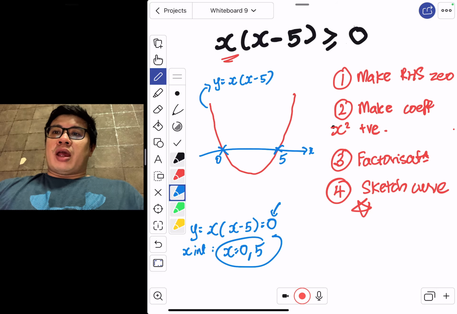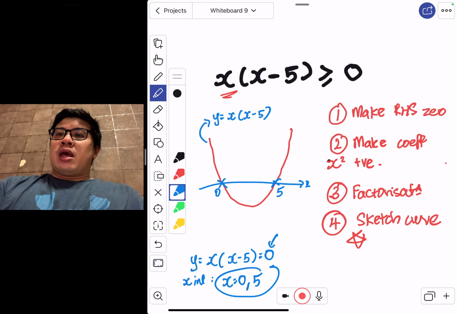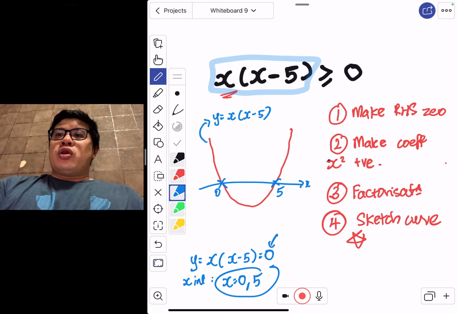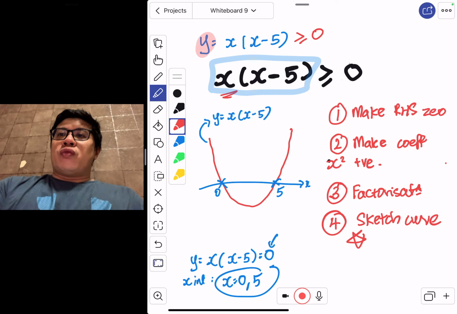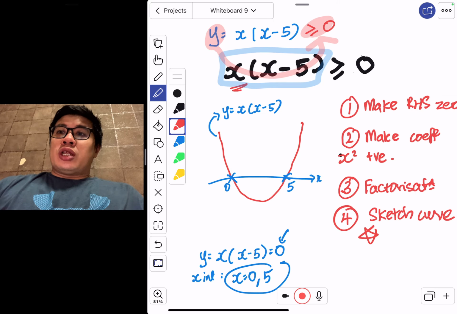And from here, you can see that if you are looking at the portion where x(x - 5) is greater than or equal to 0, it's as though when you sketch y = x(x - 5), at the same time you're looking at where y is greater than or equal to 0. You are looking at the region of x for which y is positive or equal to 0. So where's the region that we are looking at?